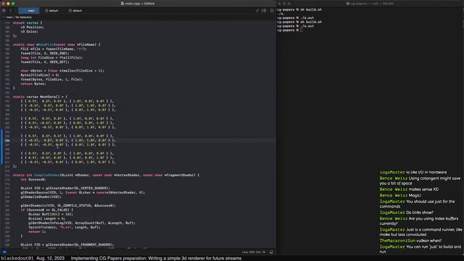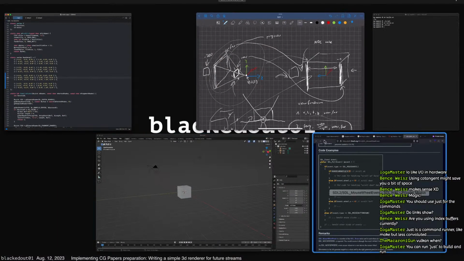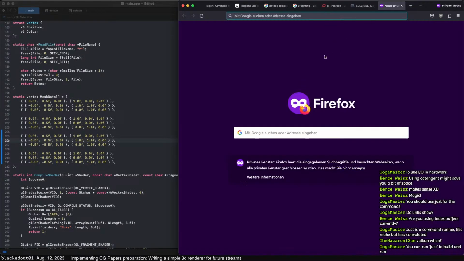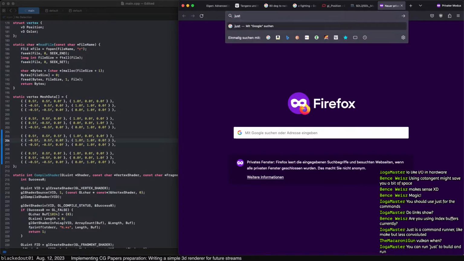So okay, you said I could use just for the commands. You can? I have never seen this before. And I'm definitely not going to use Vulkan. I think then I would make a stream that's like a week long. Okay, so what is this even called? Just, like, program just or something?